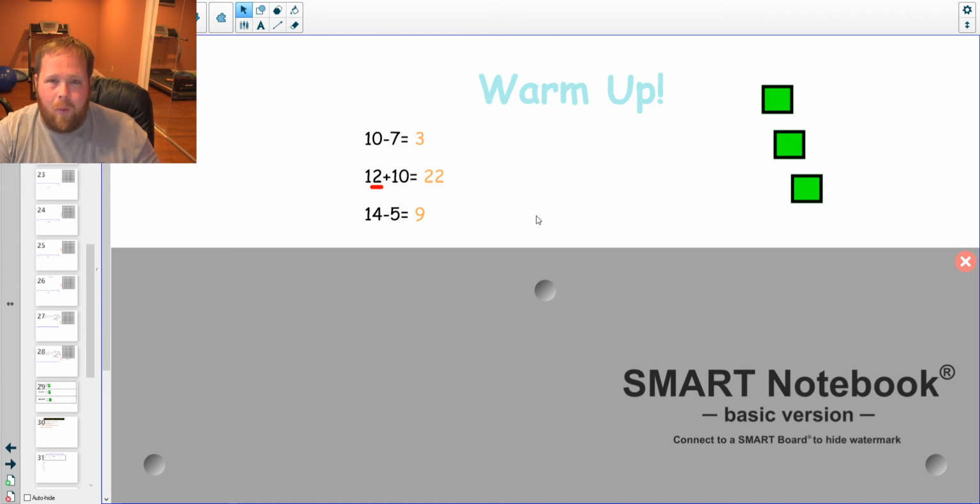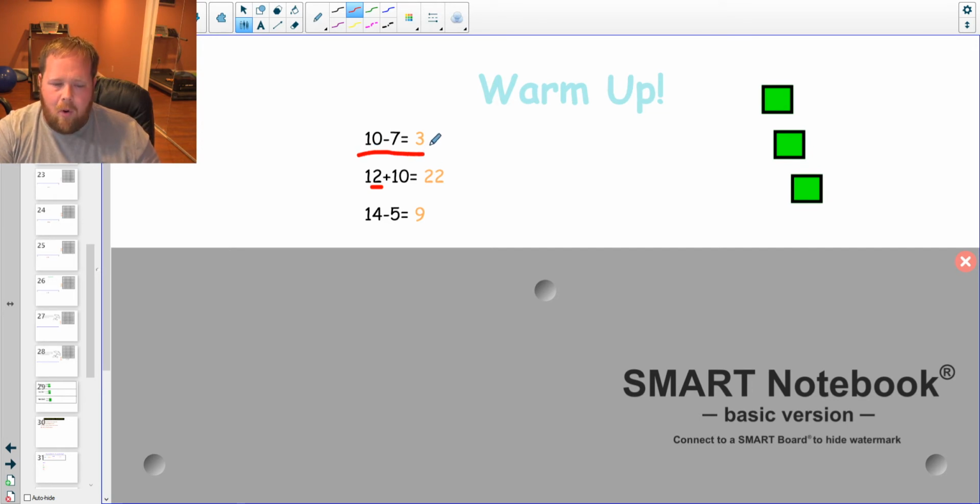Okay, wonderful job. We are going to continue with the lesson, which is called the counting up method of subtraction. So when we talk about counting up for subtraction, sometimes like this, 10 minus 7 equals 3.